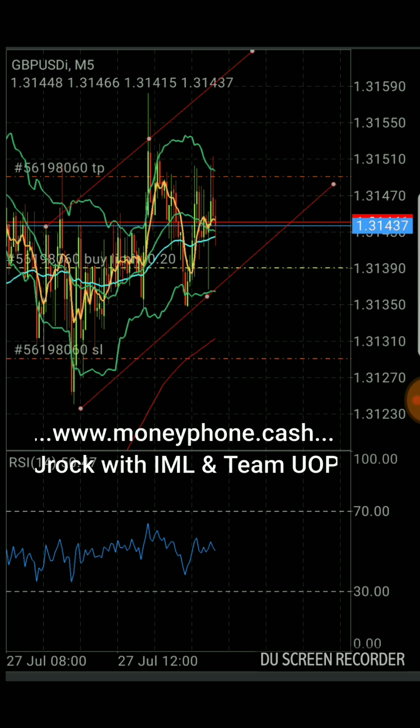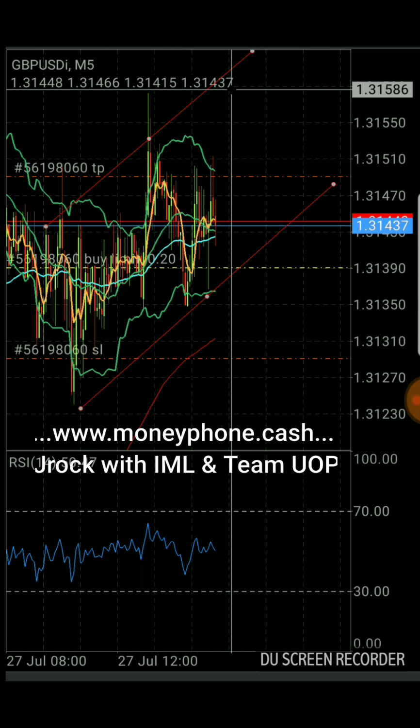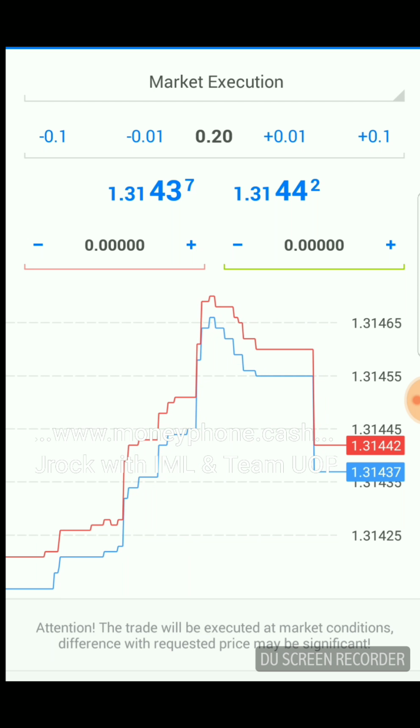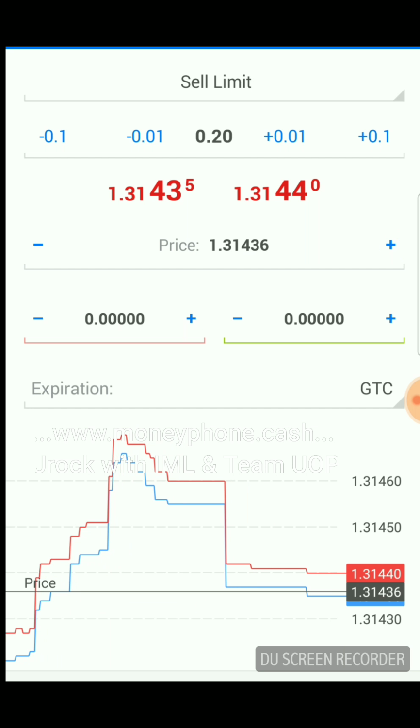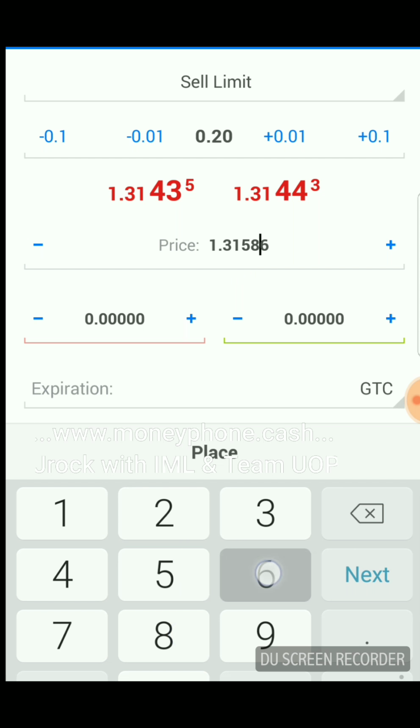I'm going to say if it goes up to this point, then give me a sell order, 1.31586. So I go to this sell limit, 1.31586. Then I'm going to put a stop loss above that at 686. Take profit at 486. Place my order, and you see expiration right here.